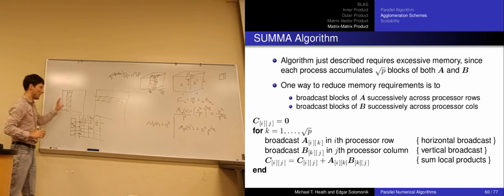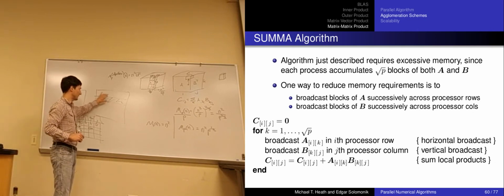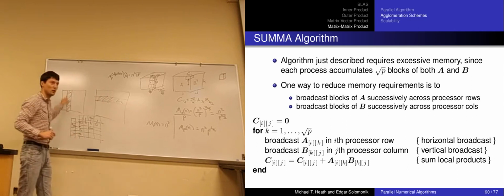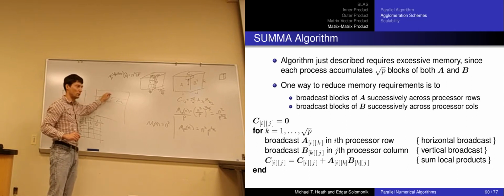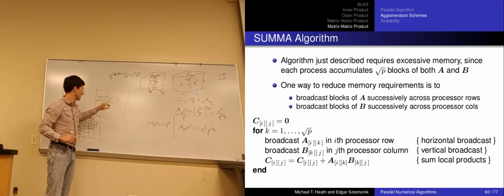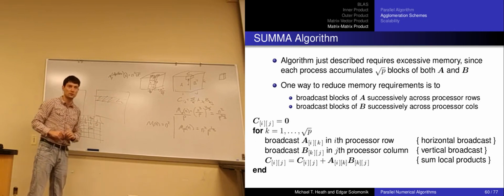So we don't have within SUMA to broadcast everything that a given processor row and processor column owns. We can pick this block size to be smaller. Or we can even, instead of doing broadcast, do all-gathers and pull out different sub-rows owned by different processors.